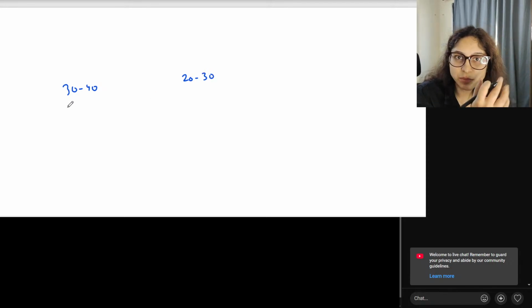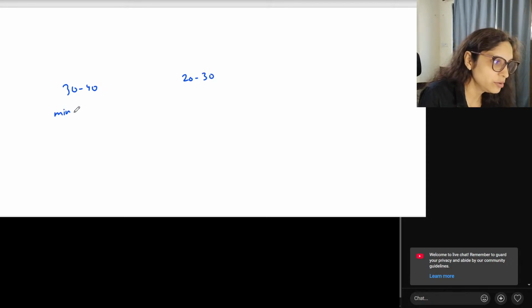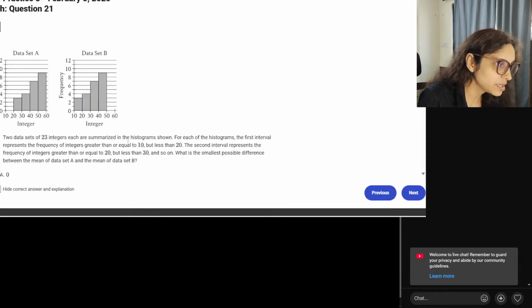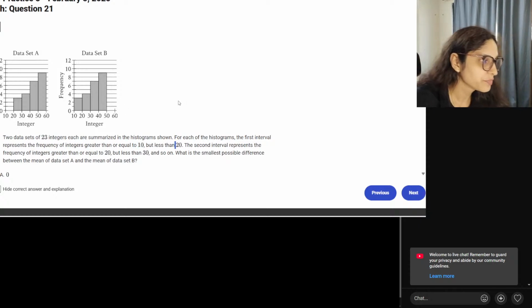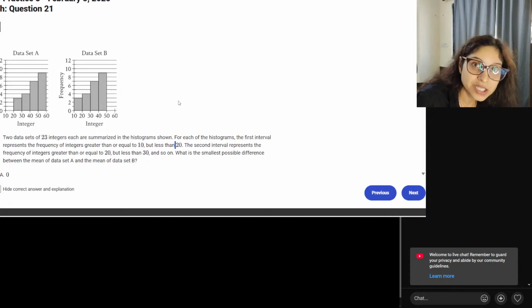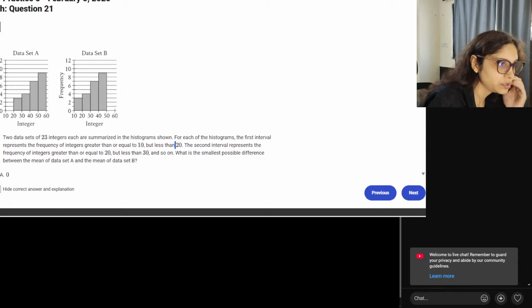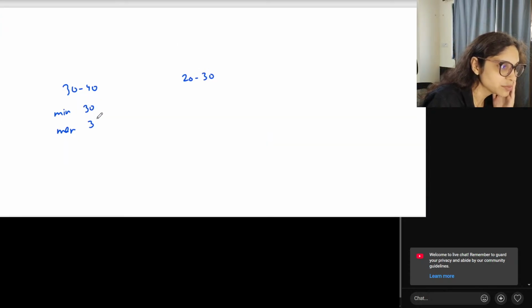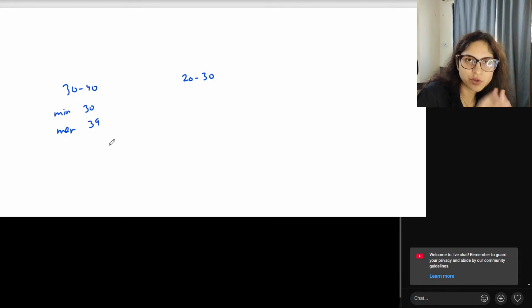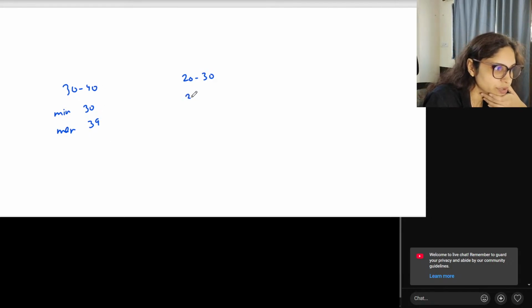Now in this interval, the minimum value is 30 because that is allowed. 40 is not allowed because they're saying it is greater than or equal to 10 but less than 20. So 10 is allowed, 20 is not allowed. Okay? And there are integers, so you cannot have decimal points as well. So the minimum is 30, maximum is 39 because 40 is not allowed. It is from 30 to 39. Same over here, 20 is minimum, maximum is going to be 29.